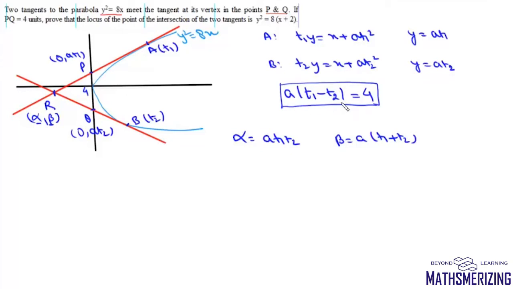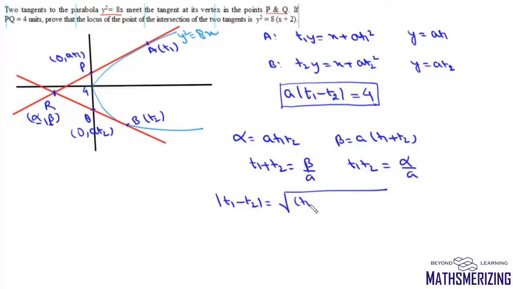Now we need to find t1 minus t2. So from here we'll write t1 plus t2 as beta upon a and t1 t2 as alpha upon a. So mod of t1 minus t2 will be under root of (t1 plus t2) whole square minus 4 t1 t2.